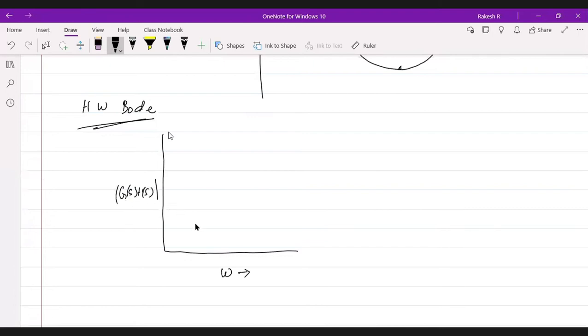Now this is the magnitude and phase, and similarly I need to plot the frequency omega and the phase angle phi here, right? Now when I plot this, the system will be varying omega from 0 to infinity.